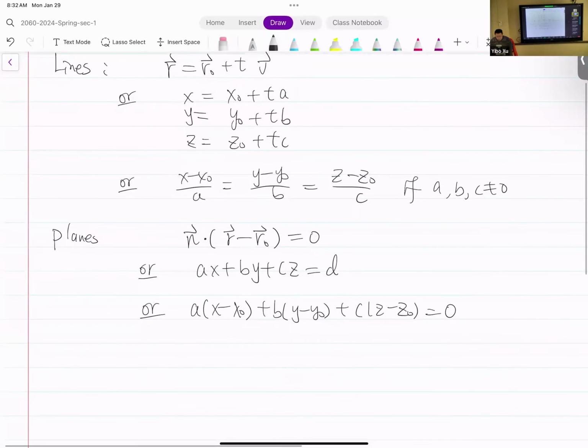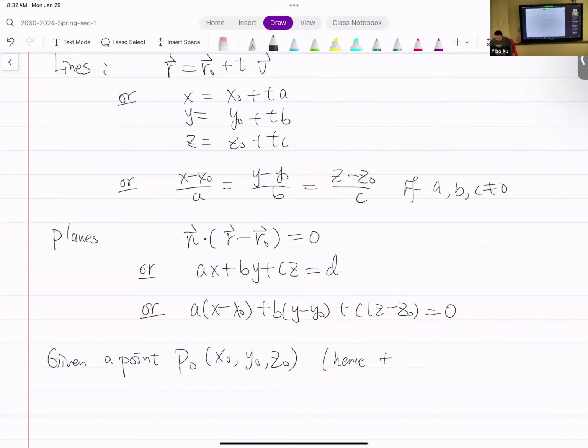Now let's elaborate a little bit more, starting with the lines. Given a point P0 with components x0, y0, z0, the corresponding vector is r0.